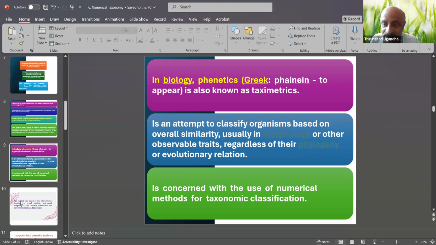Evolutionary relationships are not the basis for classifying plants into groups. This is also one of the principles of numerical taxonomy, concerned with the use of numerical methods for taxonomic classification.